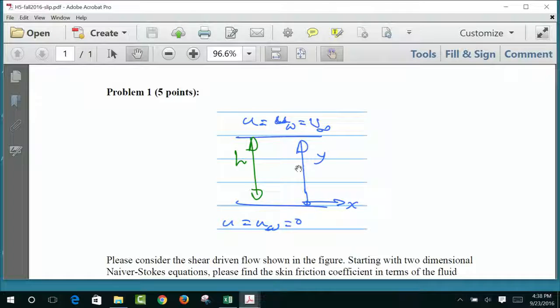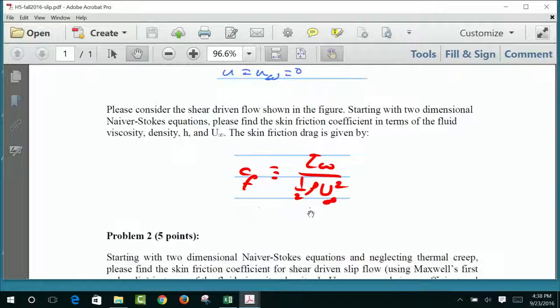So U infinity is the velocity scale in this problem. If we want to point to a velocity in this problem, every velocity should scale with the wall velocity, the upper one. So they are using half rho U infinity square. All right? So the way to calculate this is first to calculate the shear stress and then divide over the U infinity square.